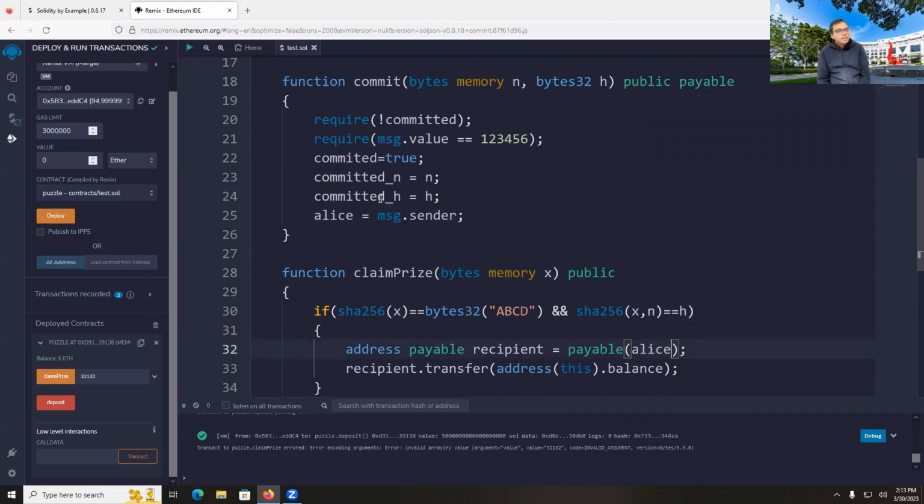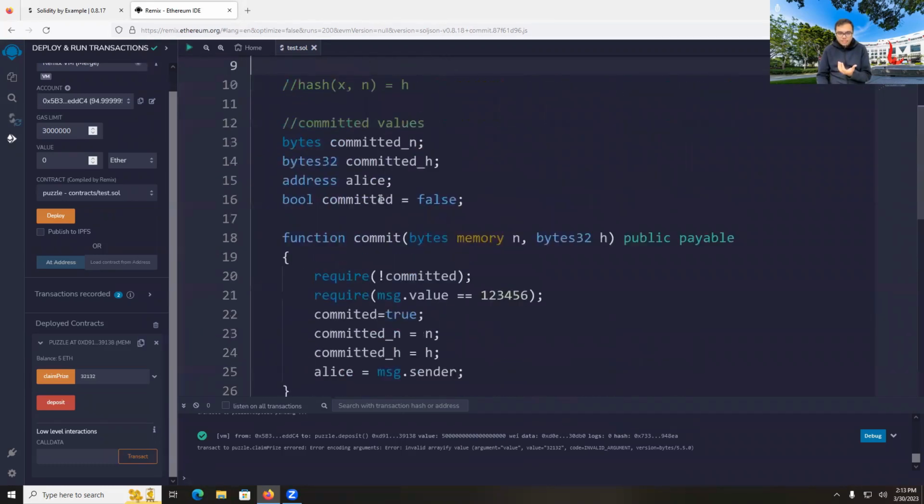Okay. So the idea here is that Alice finds a solution. She first calls commit. And basically, she's not giving the solution X, but she's giving two values, N and H. And that's enough to make sure that she was actually the person who found the solution. Later on, we can check that she was the person who found the solution, right? And we just keep these values in here.